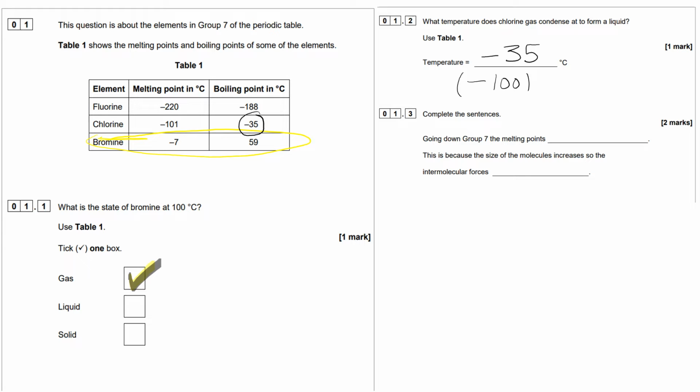1.3. Going down group 7, the melting point is something. This is because the size of the molecule increases, so the intermolecular forces are something. If we go down the group, we will notice that the melting point will increase.